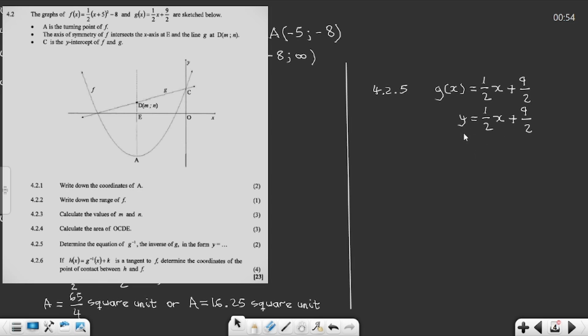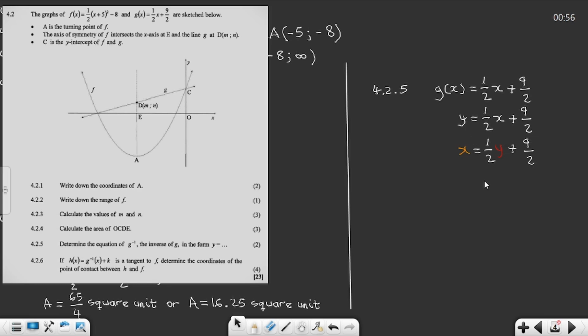Where you have y, you put x. So I'll put x there. Can you see? I'm using a different color. So where there's y, I put x. And this is equal to 1 over 2. Where there's x, I put y. Plus 9 over 2. So you exchange your x and y.